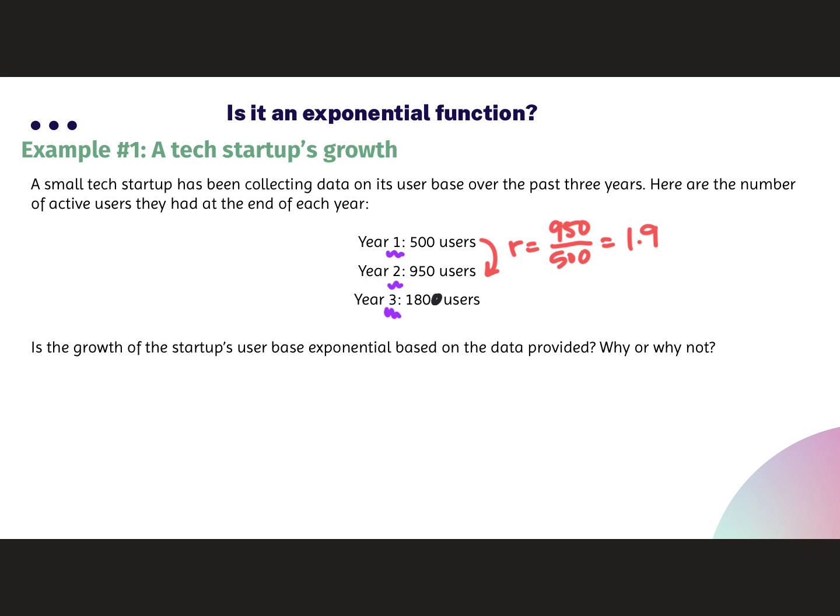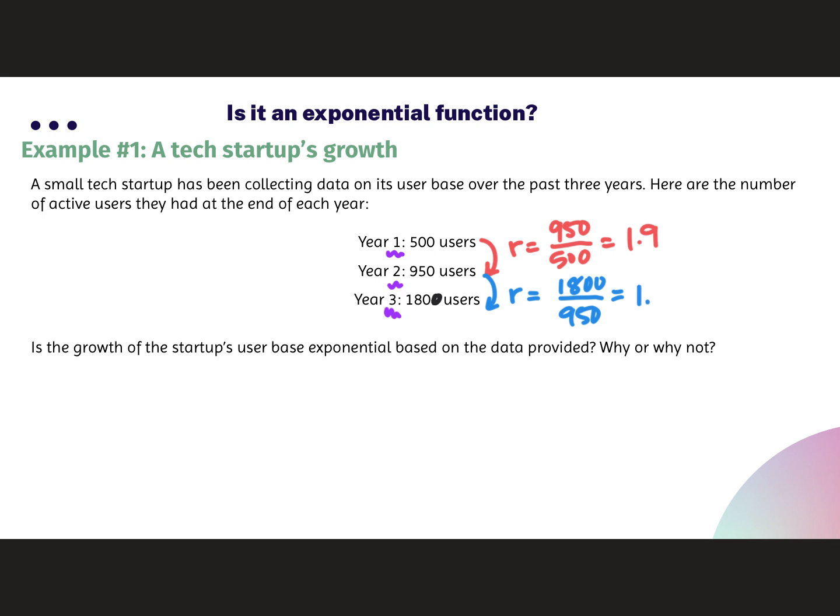Now looking at the next two outputs from year 2 to year 3, this ratio will determine whether or not an exponential function is a good fit. If we get the same common ratio between year 2 and year 3, exponential will be a good model for us. So looking at this common ratio, we would take 1,800 divided by 950, year 3 divided by year 2.